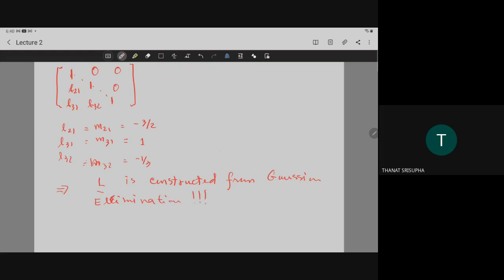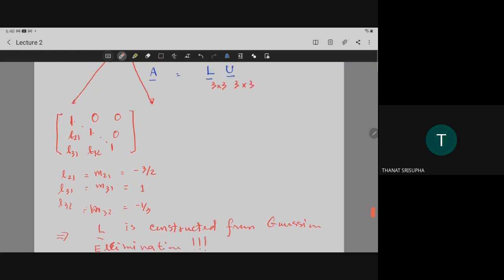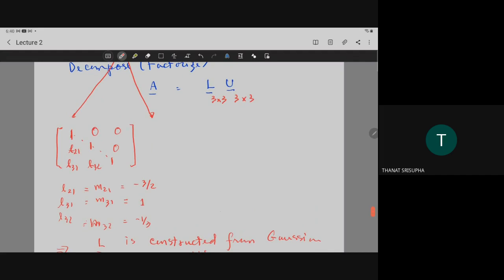So I can write these values as the computed coefficients, which is minus 3/2, 1, and then minus 1/3. So this is L. And then we multiply with the U.